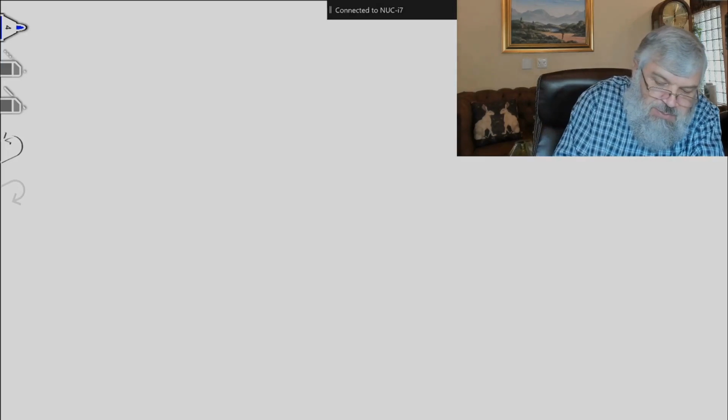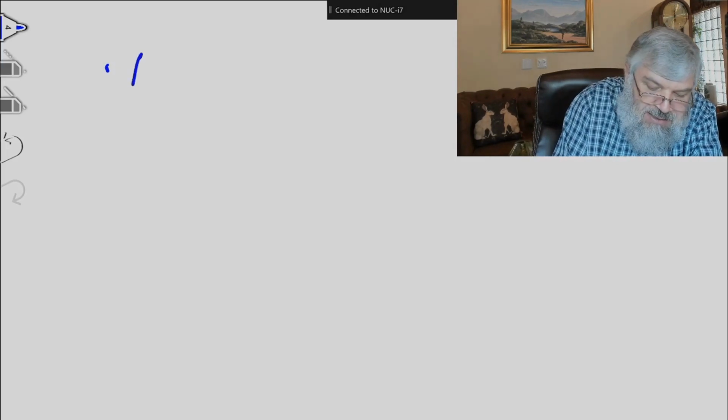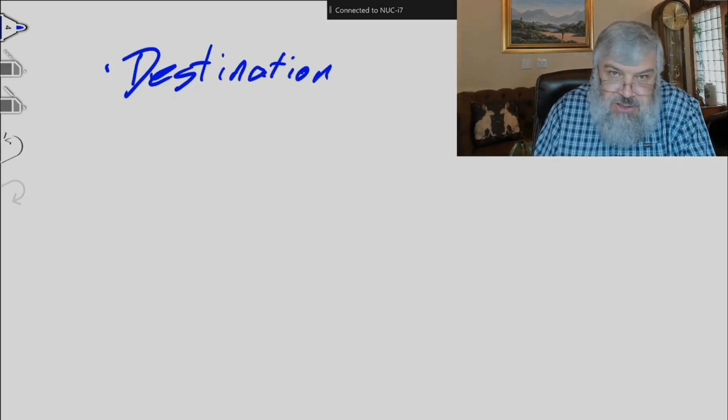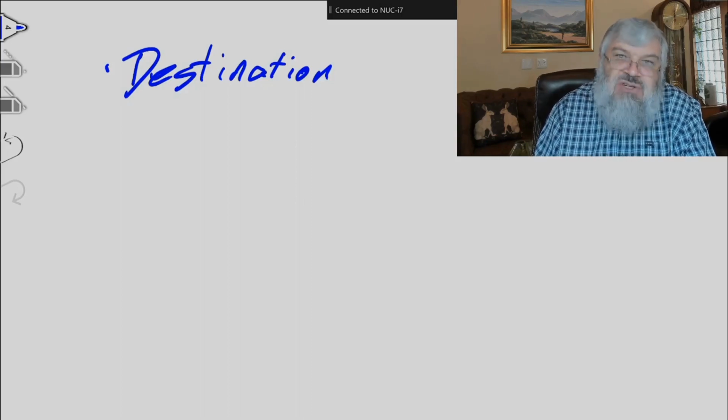It is possible that the packet that we are looking at is actually at its destination. In other words, the destination address of the packet is the address of the router that we are talking about. And in that case, the packet will simply be sent up to layer 4 in the protocol stack, eventually as far as it needs to go to the application layer, most probably.